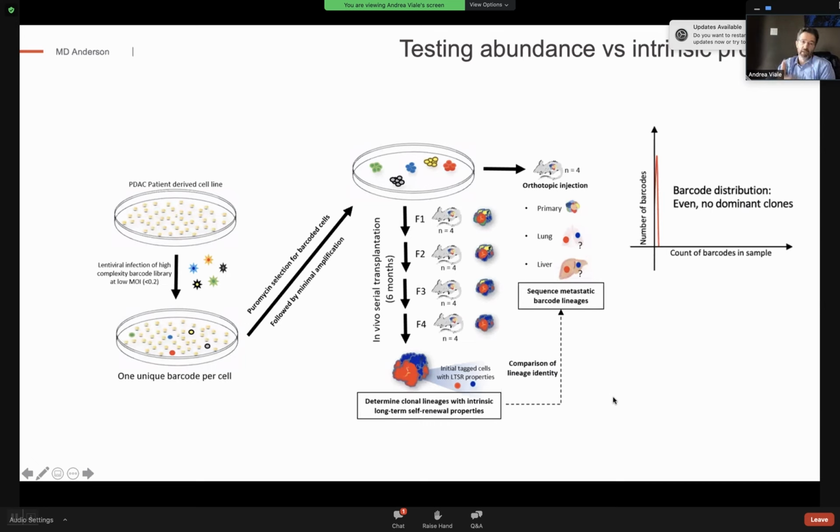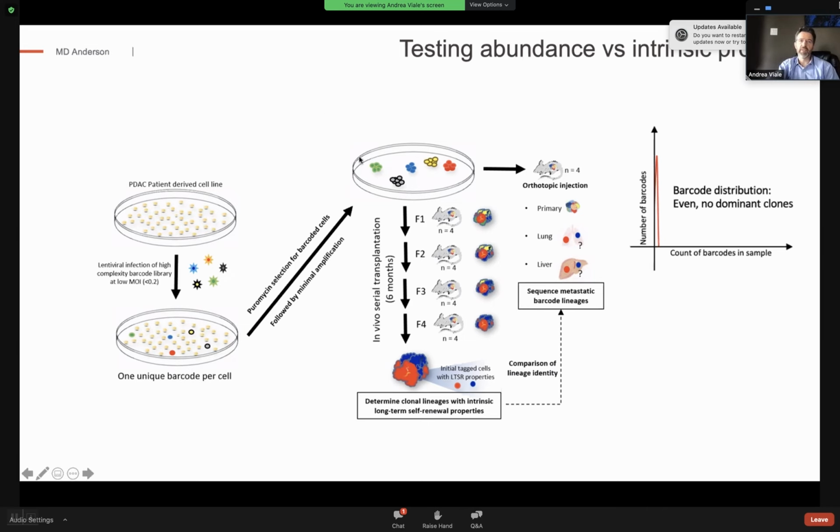To address this question, Alex and Elaine did a very complex experiment that I will try to explain here. They tried to design an experiment that was able to get rid of the effect of the abundance, okay?